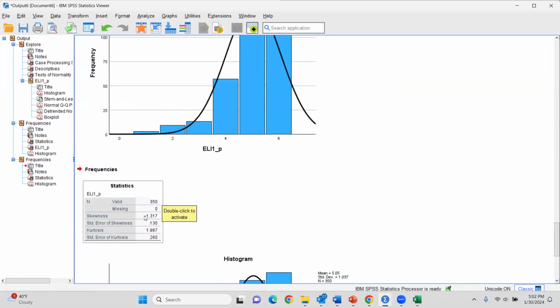But basically for this, what we're most concerned with is dividing the skewness number by the standard error, and then also dividing the kurtosis number by the standard error. If it's above positive or negative 1.96, then we have reason to reject the null hypothesis that there's no skew. In other words, we're saying that because of this number being above 1.96, then we have non-normally distributed data.